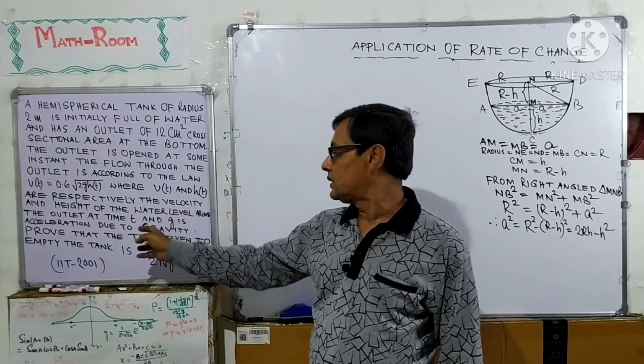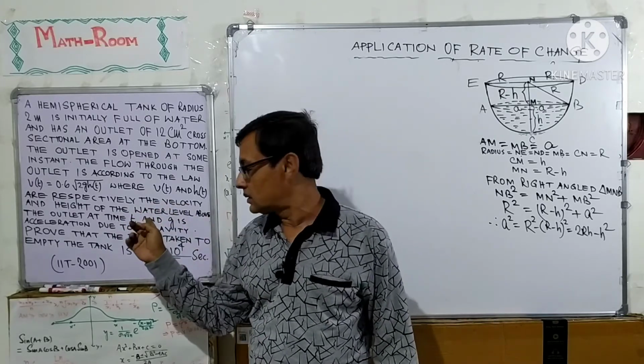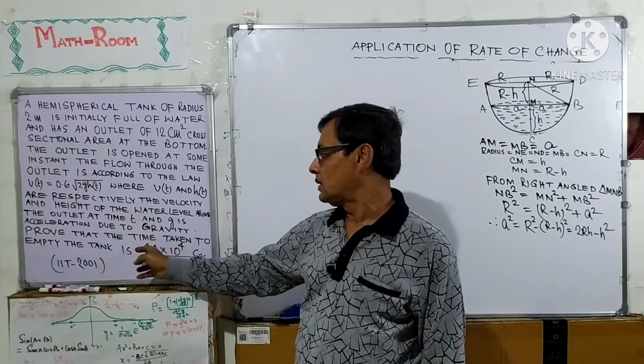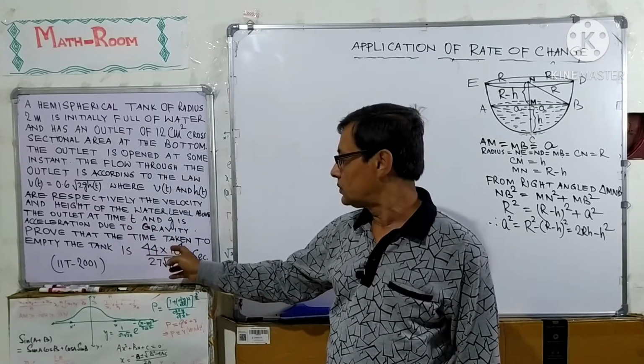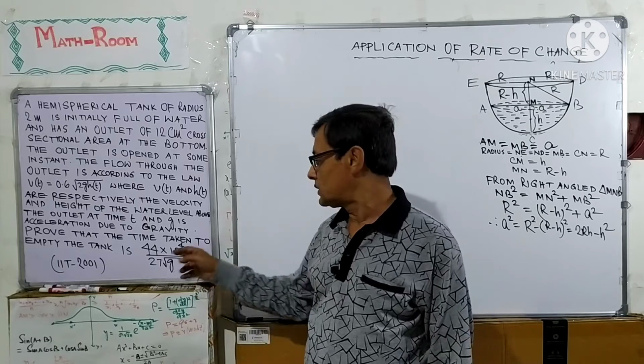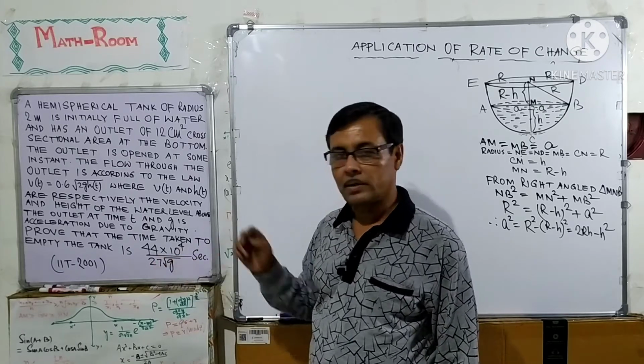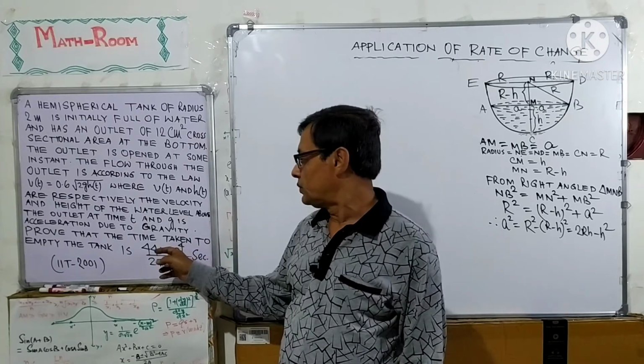We have to prove that the time taken to empty the tank is 44 into 10 to the power 4 over 27 root g seconds. This is to be proved.